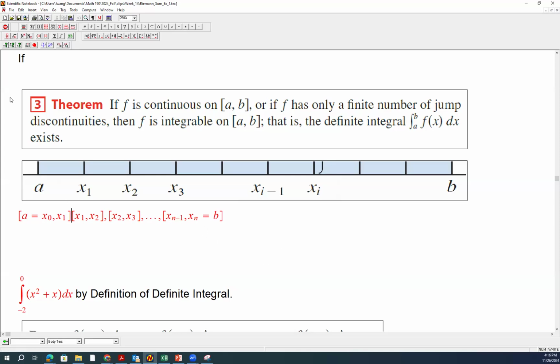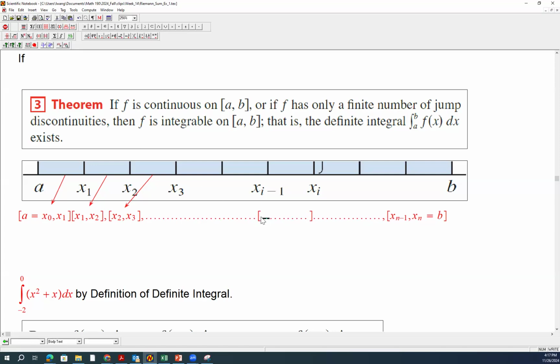I'm going to use an arrow to show you. This is the first interval, second interval, third interval, and the ith interval. I didn't write the ith interval here, so I'm going to.